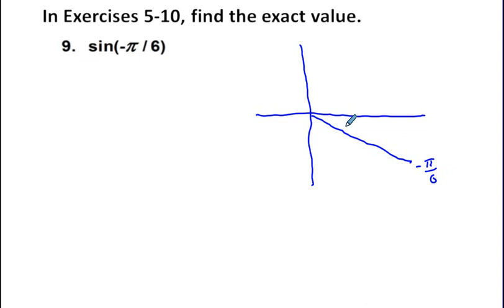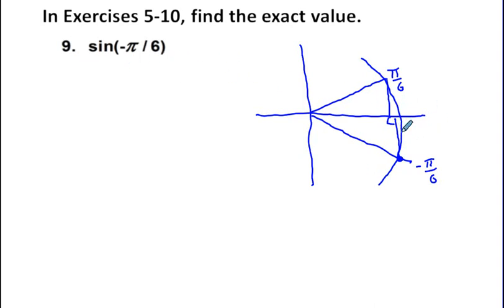So that's going to be this angle here, and if we make a reference triangle by going straight up to the x-axis, that's what we have. And this is going to be a reflection of the pi over 6 angle above the x-axis. So it's like the unit circle comes like this, hits here, goes like this, comes down here at negative pi over 6.